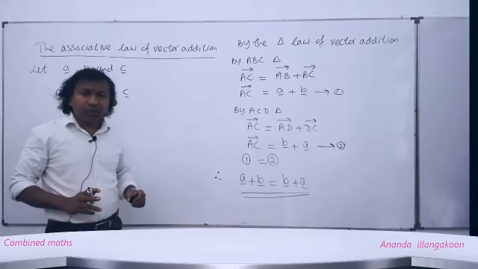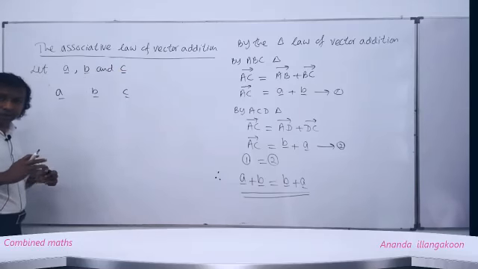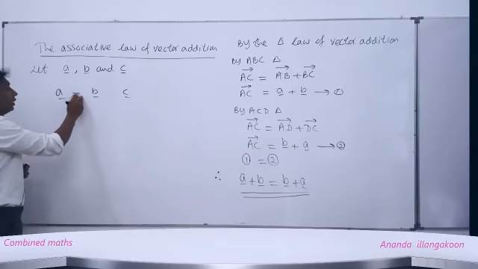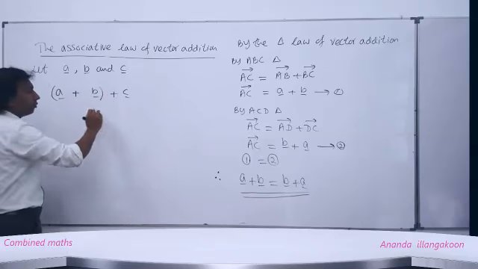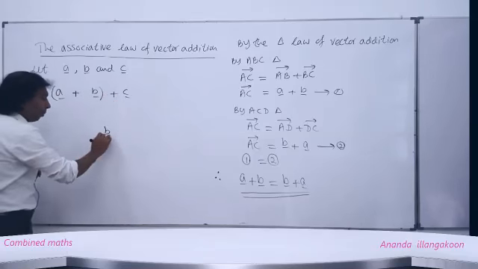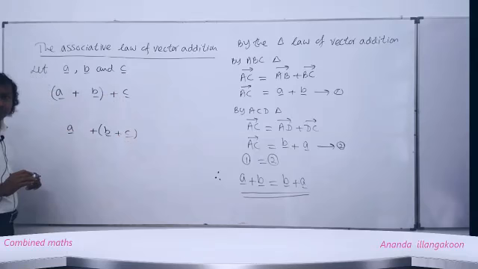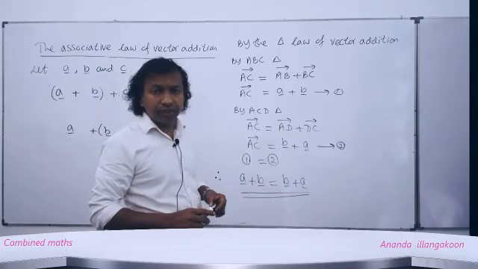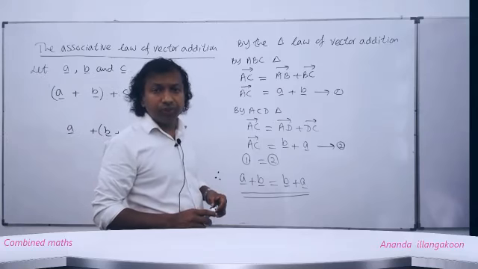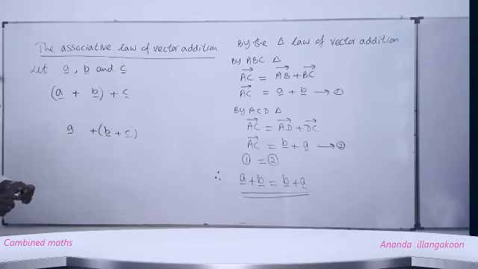When we need to add them, a doubtful situation arises: whether we first add A and B, and to that answer add C, or first add B and C, and to that answer add A. People, whichever you do, the answer is correct. Understand? This one is the associative law. Right. And then we'll write the next one.